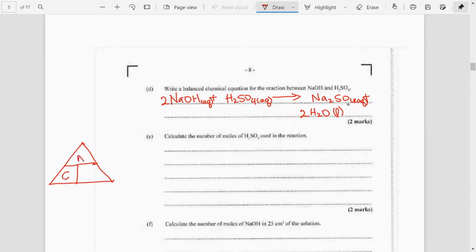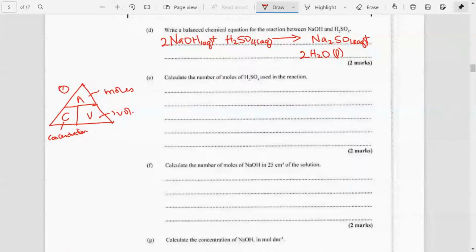This is concentration, this is volume, and this is moles. That's one way to find it. So if you want to find volume, it would be number of moles divided by concentration. If you need to find moles, it would be concentration times volume, right?